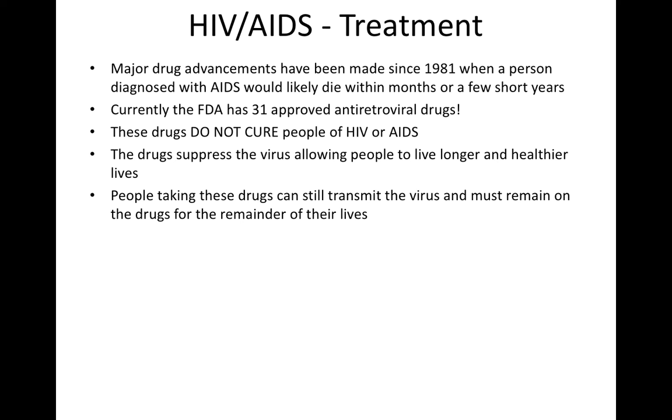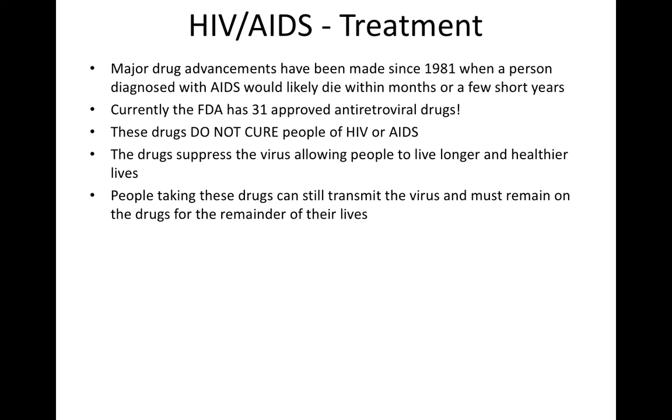You do have to monitor this, though, because your drug cocktail does need to be tweaked to make sure that it's still functioning. So we do constant monitoring of T cell counts, viral loads, and sort of making sure that the patient is still working well with their drug therapy.